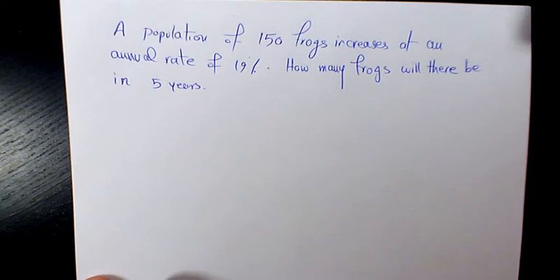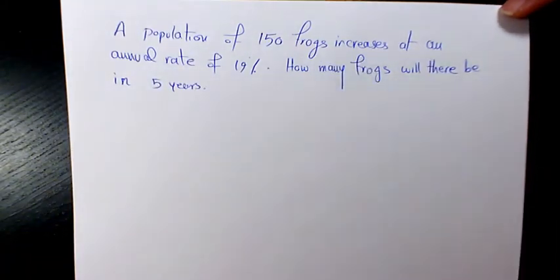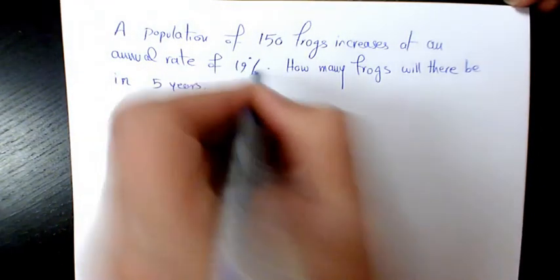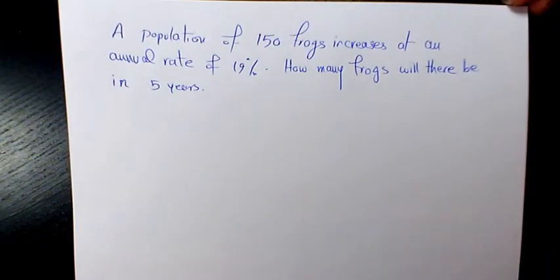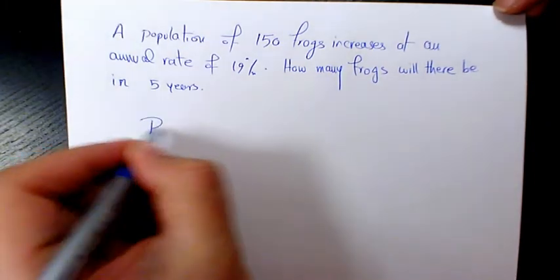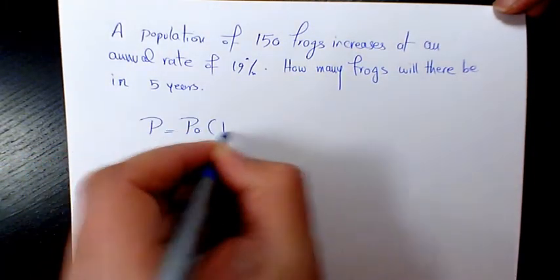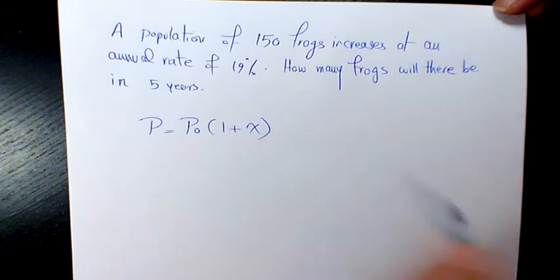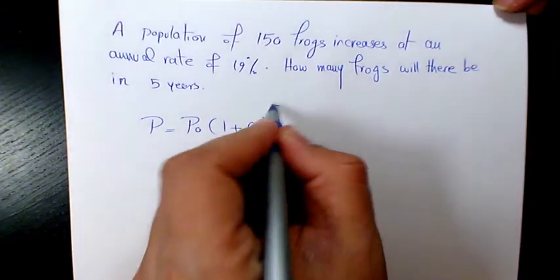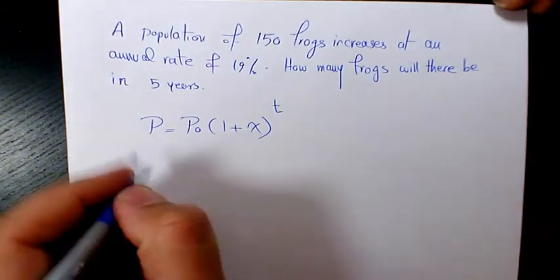Now, next example, it says a population of 150 frogs increases at an annual rate of 19%. How many frogs will there be in 5 years? So P equals P naught times 1 plus x to the power of t divided by theta. Since it's annual, it's going to be divided by 1 or just t.